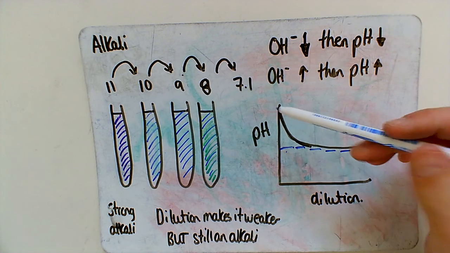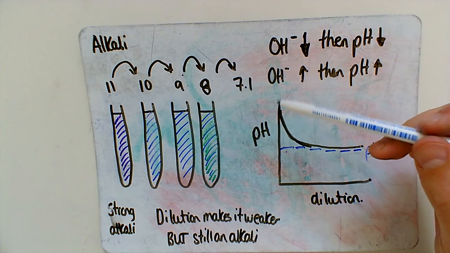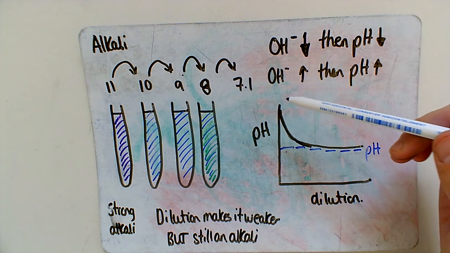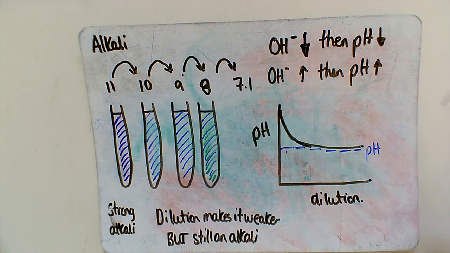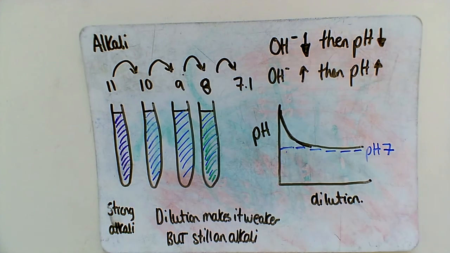So it might start at pH 14, 12, 10, anything quite high for a pH, but it never gets below 7. It stays there above it because it's always an alkali.